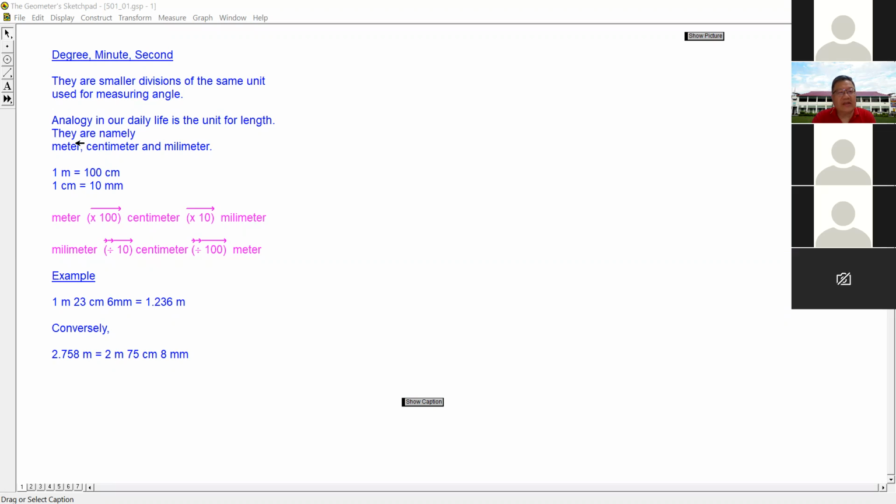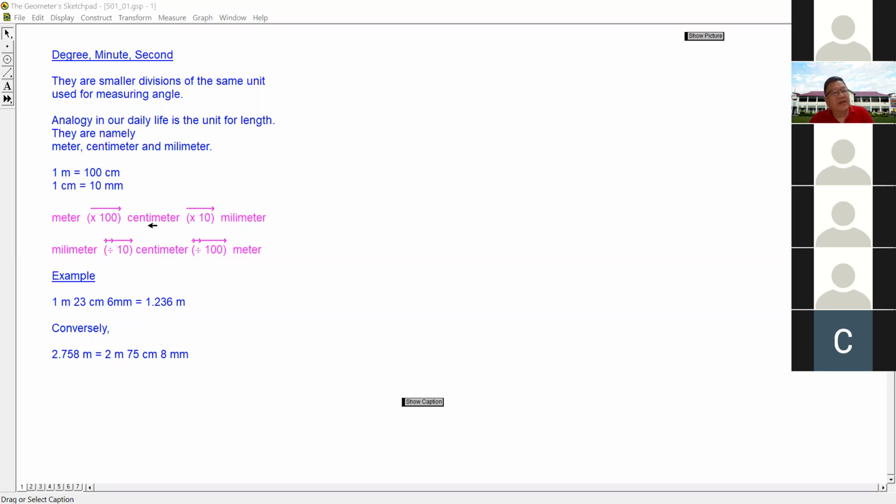The analogy is like our meter, centimeter, and millimeter, right? 1 meter is 100 centimeter, 1 centimeter is 10 millimeter, right? So the conversion is like this. Then from millimeter back to meter, the conversion is like this, right?